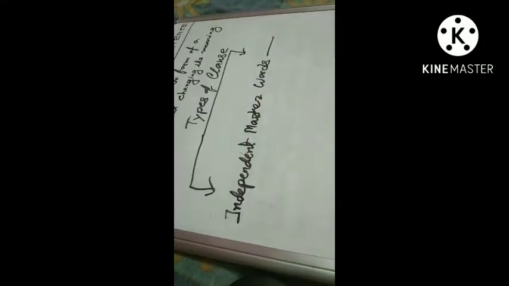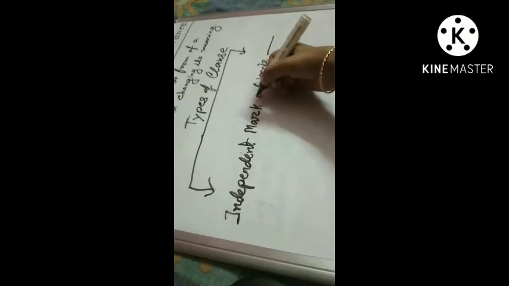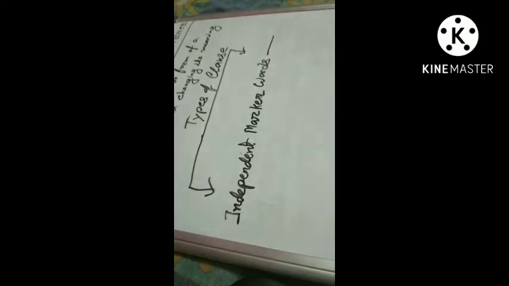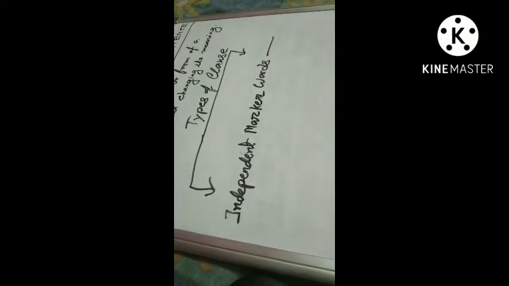Which one is the independent marker word? Independent marker words are connecting words used at the beginning of an independent clause.